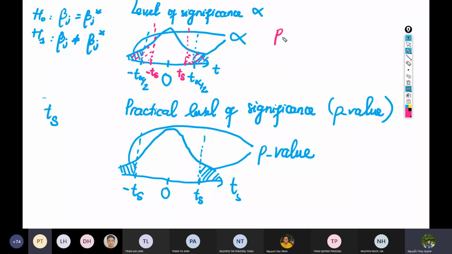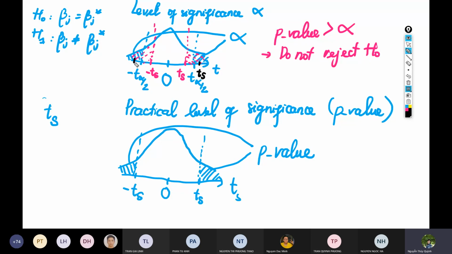It is greater than alpha. Yeah, the p-value here is greater than alpha, and in this case, if the p-value is greater than alpha, then we do not reject H0.